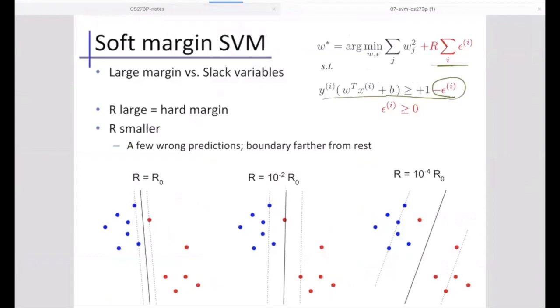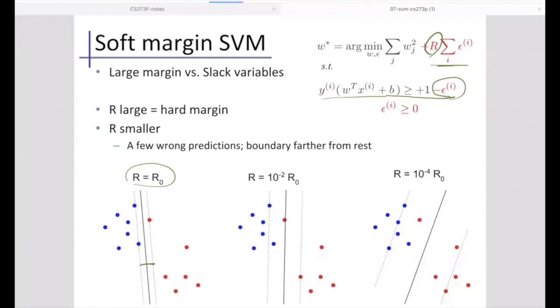There are a few examples here. This is R with a reasonable level of slackness in the constraints. You think about these two solutions with these margins, and right now they are more or less separable, right? They're linearly separable. Now suppose I'm going to reduce the slackness allowed.